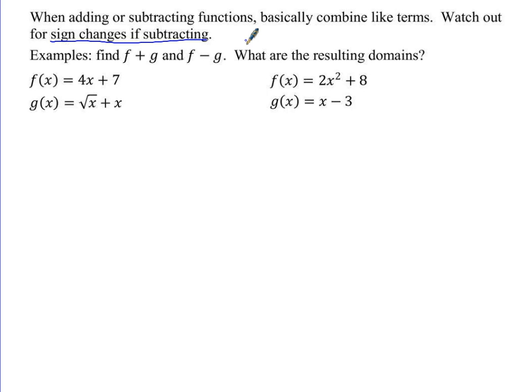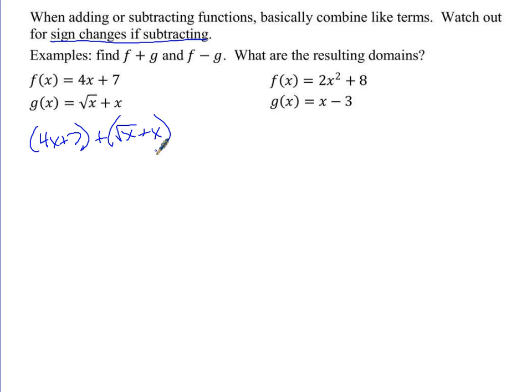So, for example, find f plus g and f minus g. And then we'll talk about the domains. So first of all, f plus g means I take f of x and I add it to g of x. So I'm going to have 4x plus 7 plus the square root of x plus x. Notice the plus sign in between. That tells me I'm adding those two things together. When I'm adding things together, I just combine like terms and I'm done.